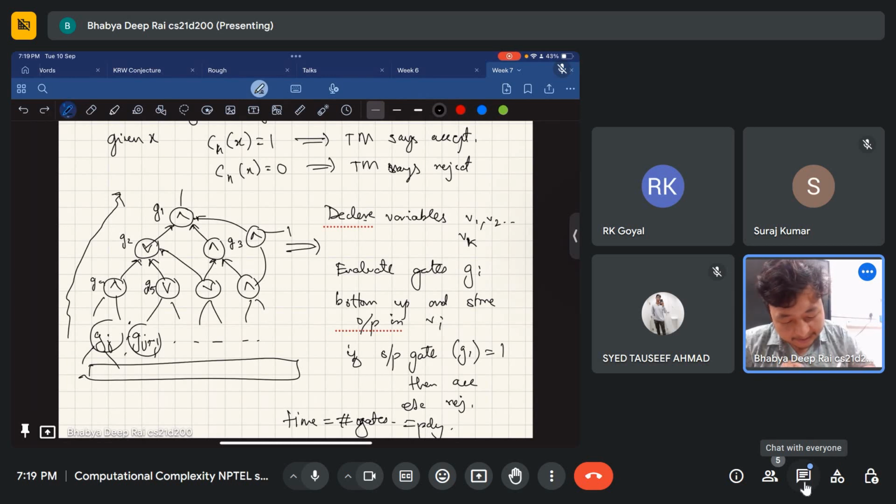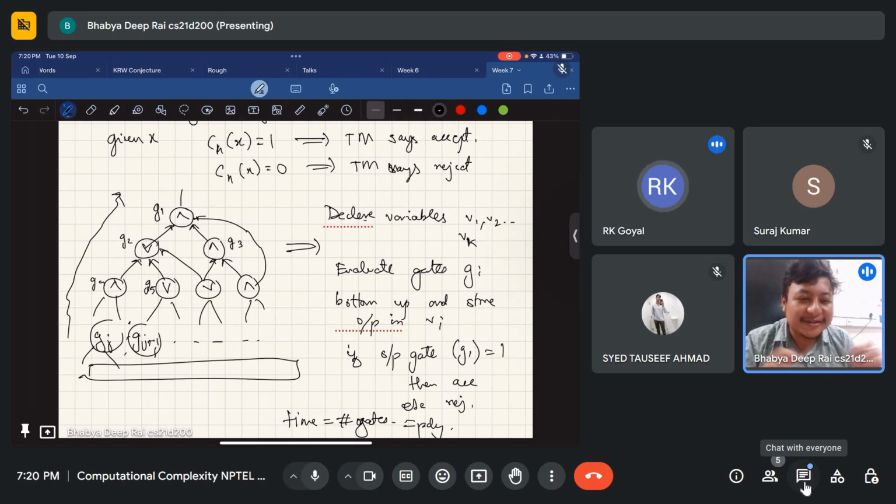So now I think of it as layers, and the width of the circuit is the largest layer in the circuit.